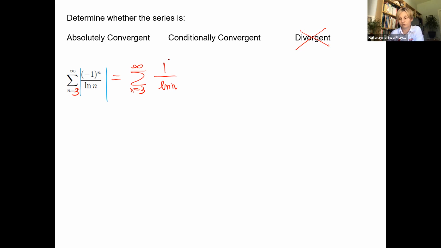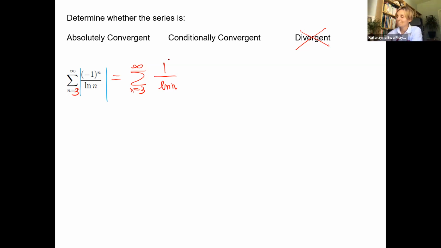How can we prove this, because that's the new formula for us, the absolute value. If this series is convergent, then yes, the series is absolutely convergent. If it is not convergent, the series is not absolutely convergent. However, it will be conditionally convergent because the original formula tested on the previous slide was convergent.